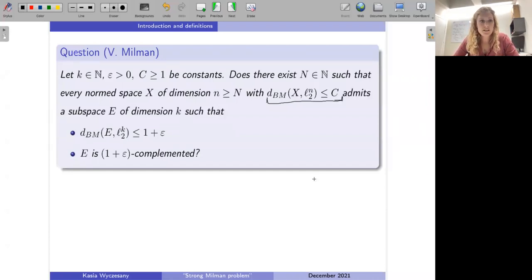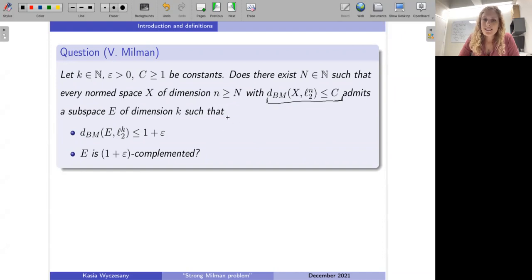But here it is an important assumption, because otherwise the statement isn't true, and one can take an L infinity ball, which isn't C Euclidean. C is not a constant anymore; it depends on n, and there isn't such a subspace.